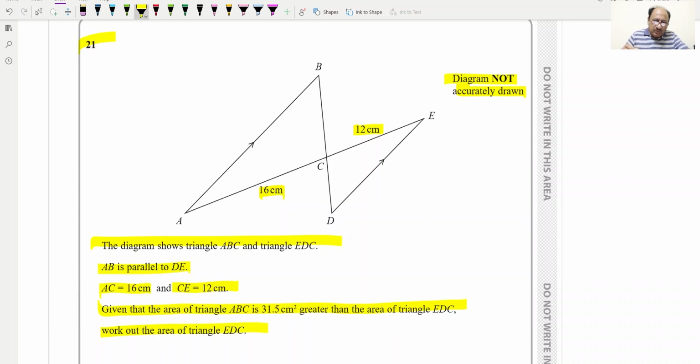So what we can do, we can consider two triangles. One is this one, which is triangle ABC, and we can compare it with the other one, which is this triangle, and these are similar triangles. We can check for the ratio between this one and this one.